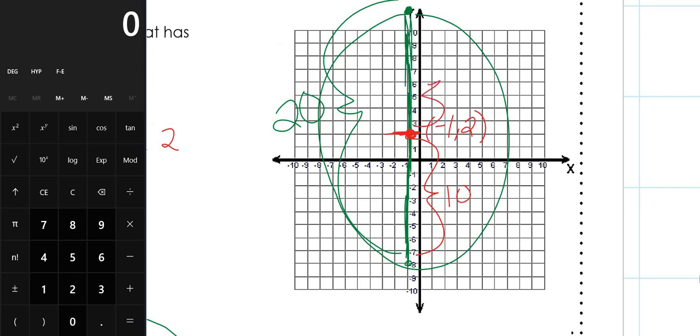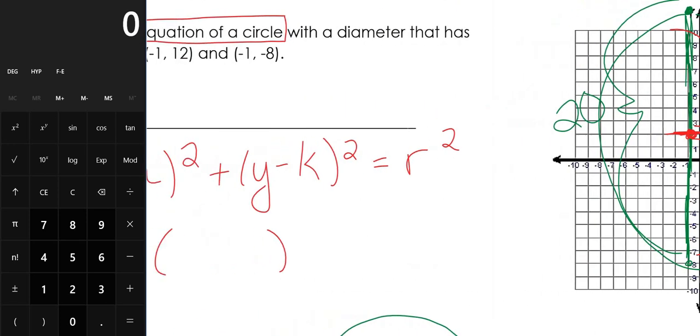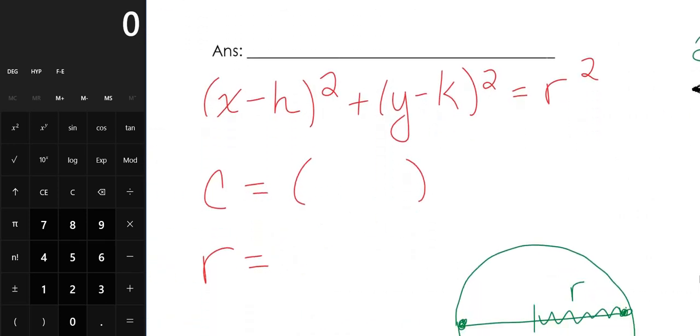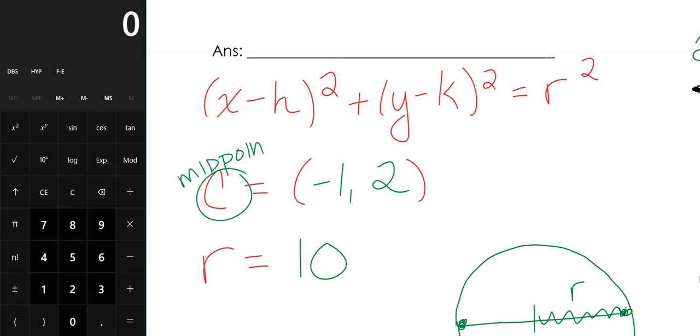Below it's 10, and above it's 10. Those are the two things that I needed. So (-1, 2) is my center, the midpoint of the diameter, and my radius is 10. Keep in mind, you could have used the midpoint formula here if you're not a great visualizer.